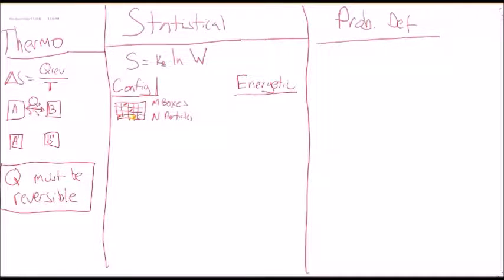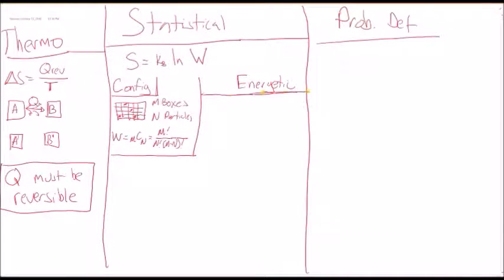And if I wanted to calculate the multiplicity of the situation, it is defined as M choose N, which follows this formula: M factorial over N factorial times M minus N factorial. That's configurational entropy, or configurational multiplicity.